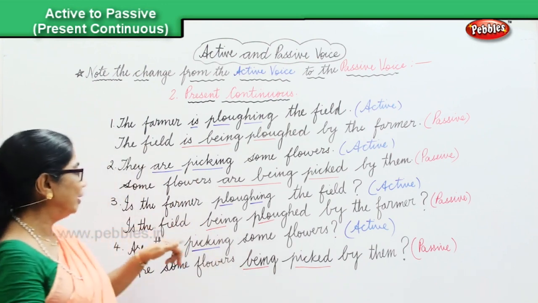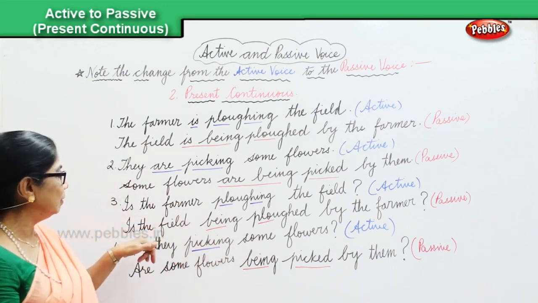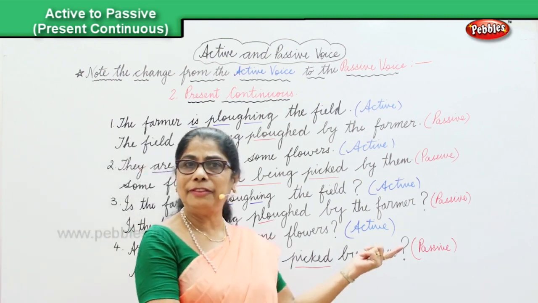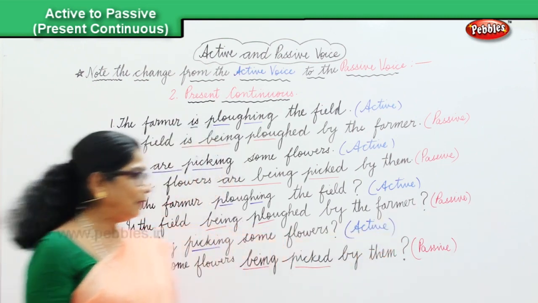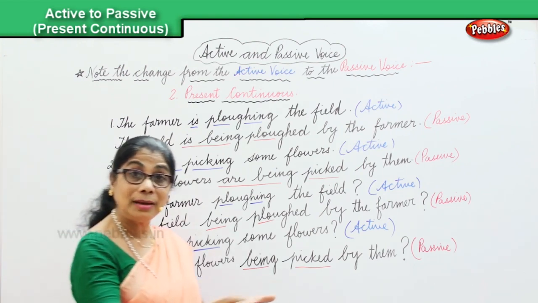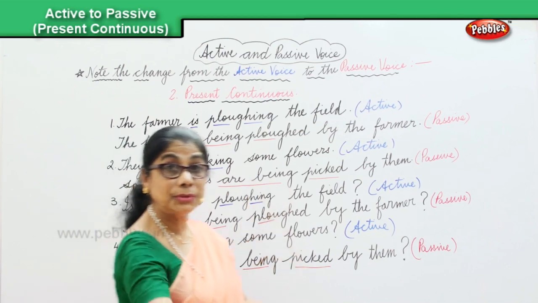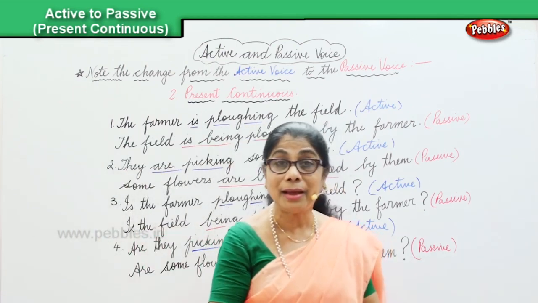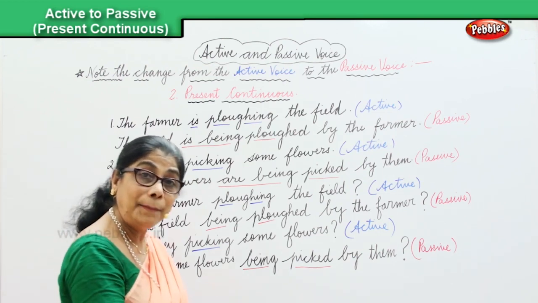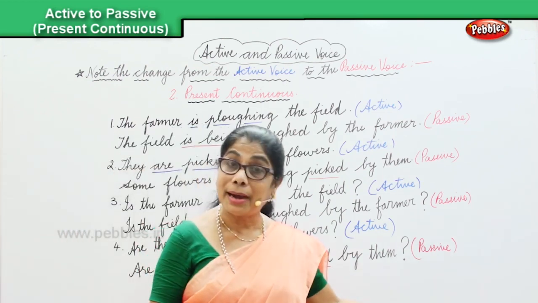Active. In the passive, is the field being plowed by the farmer? Passive voice. And finally, the last sentence: are they picking some flowers? And in the passive, are some flowers being picked by them?